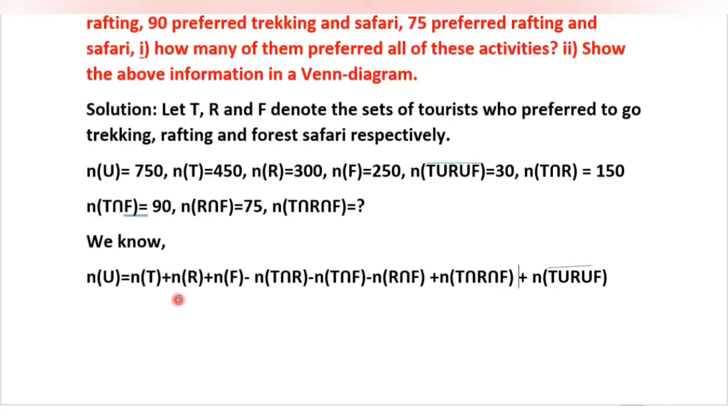Okay, this is the formula, and now you have to fill in the values.